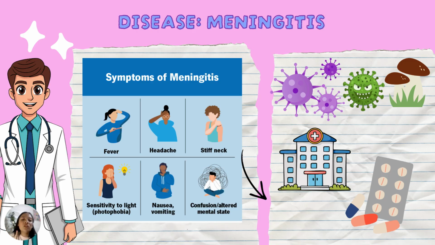The main symptoms include high fever, severe headache, and neck stiffness, and also sensitivity to light. So, it limits the different actions and also the work that you do every day.